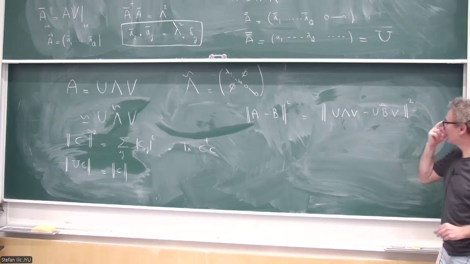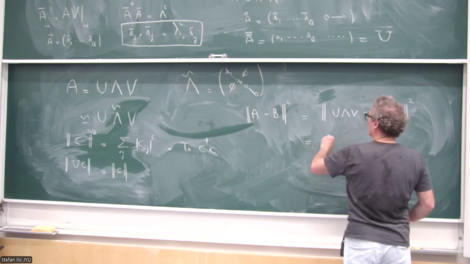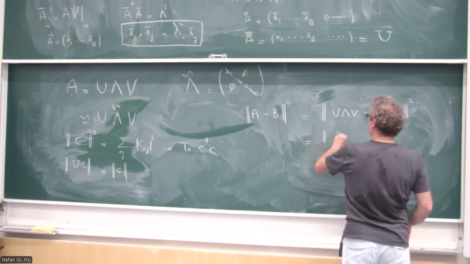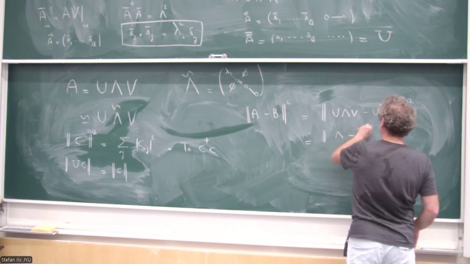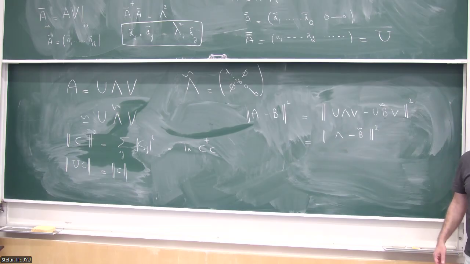Okay. Now, this is actually the norm of lambda minus B tilde. I apply this thing about unitary matrices twice.